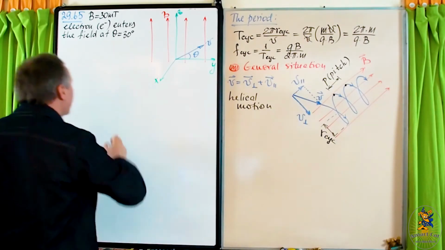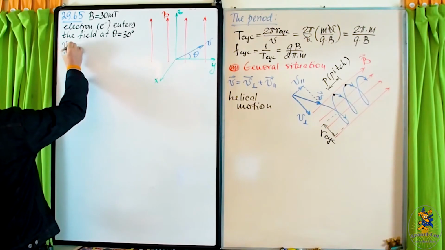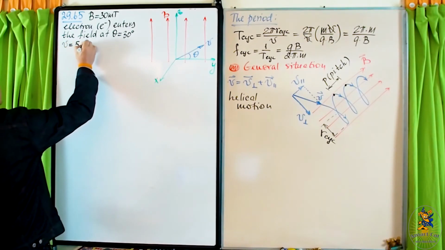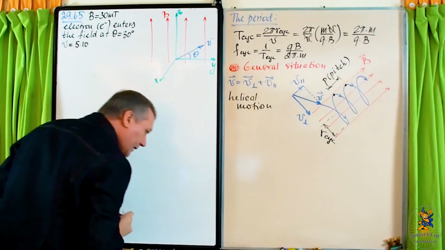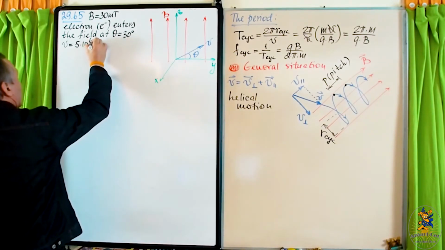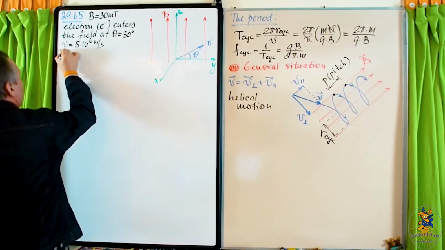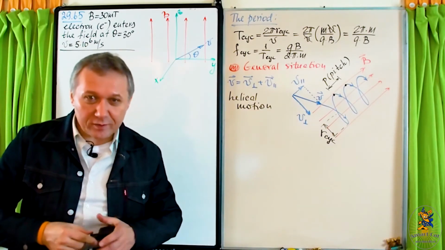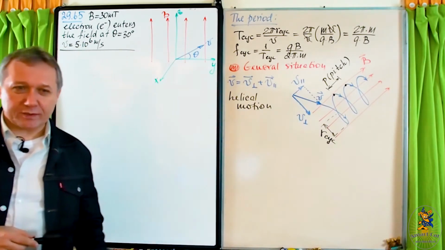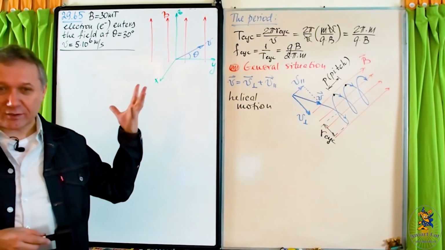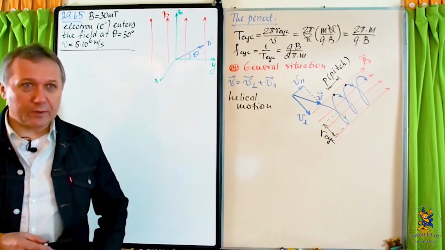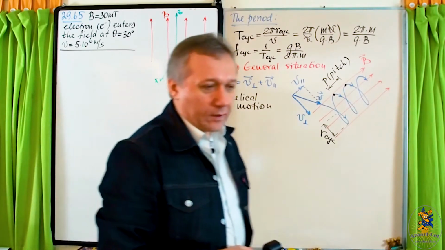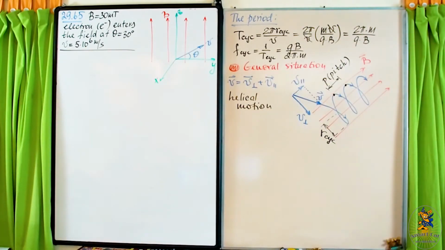So what's the value of velocity? V equals 5 times 10 to the power of 6 meters per second. So that's what is given. What needs to be found? Let's wait for a few minutes. So first let's discuss the trajectory, and then I will be able to write what needs to be found.